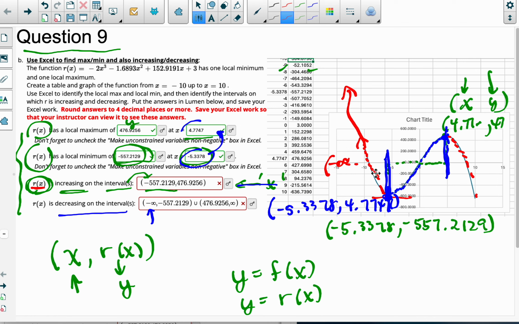Between negative infinity all the way up to this x value, which is negative 5.33. And then here I start to be decreasing based on an x value of 4.77 all the way up to positive infinity.